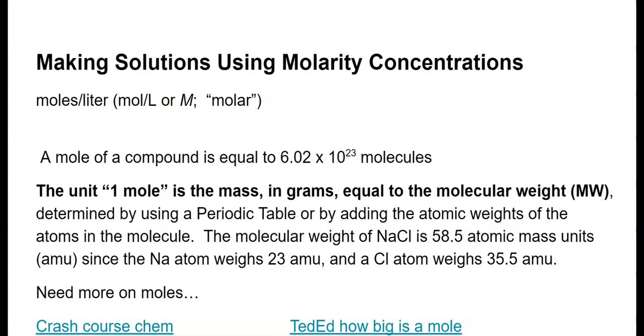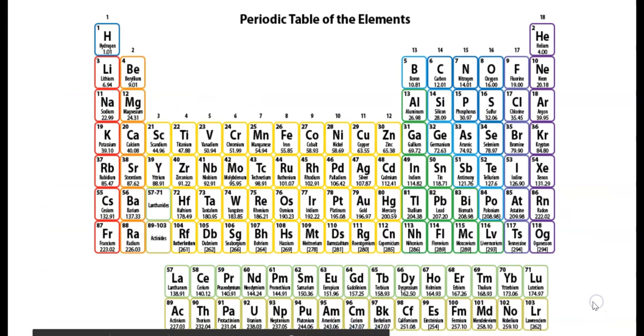So I'm going to click over to our periodic table, if you remember this. You'll notice that you have these atomic masses here. Here I'm going to look at making a molar solution for sodium chloride, or table salt. I've got sodium here at 22.99, so I'm going to call that 23 atomic mass units.